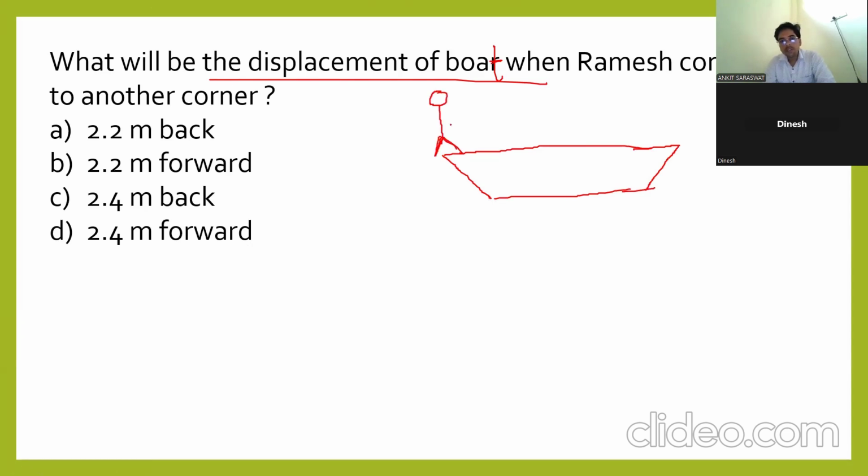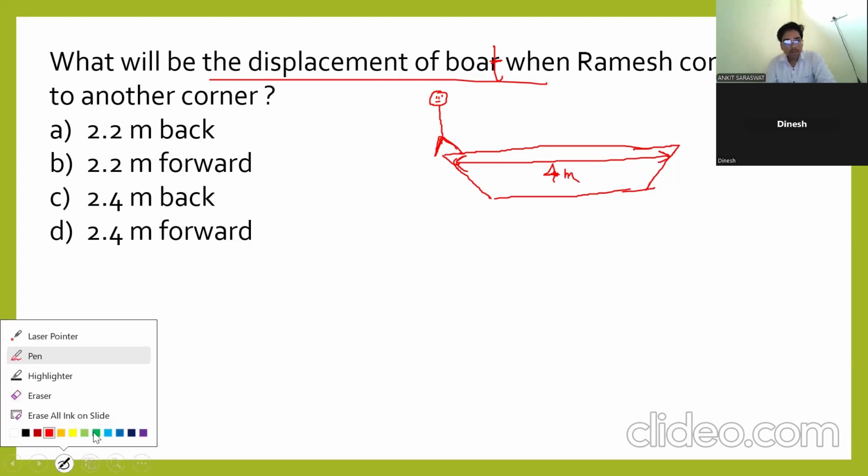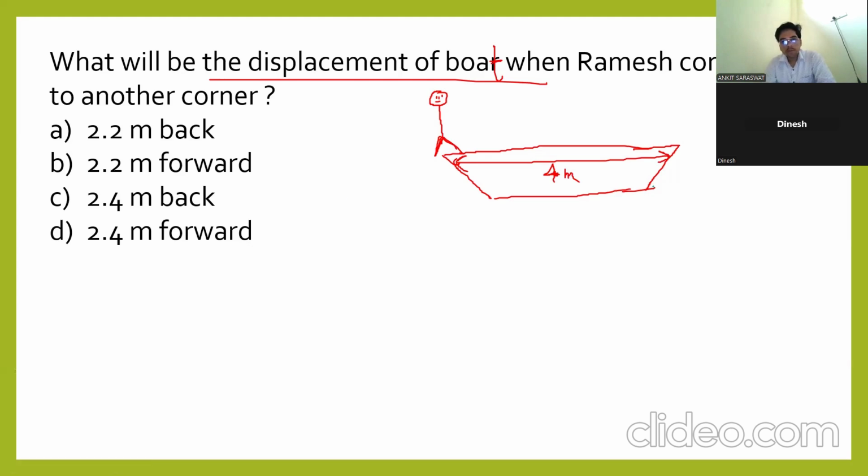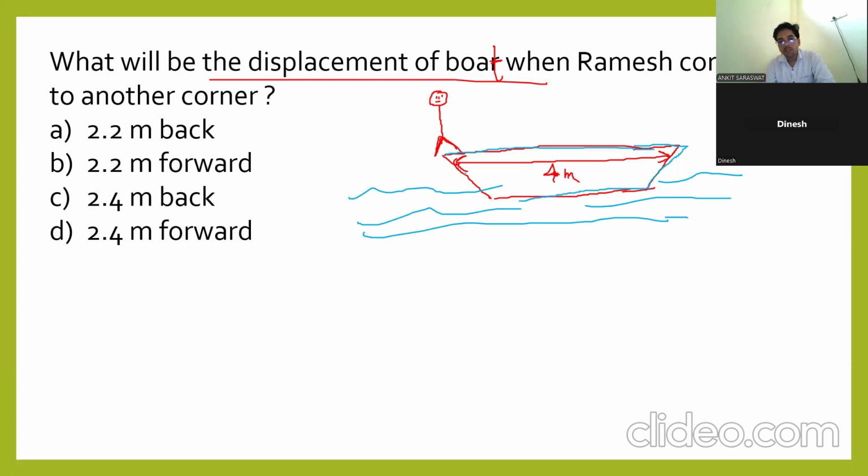The length of this boat is 4 meters in total. The person is standing on the boat, and he is moving on the boat from one corner to another corner. This is the first corner, second corner.